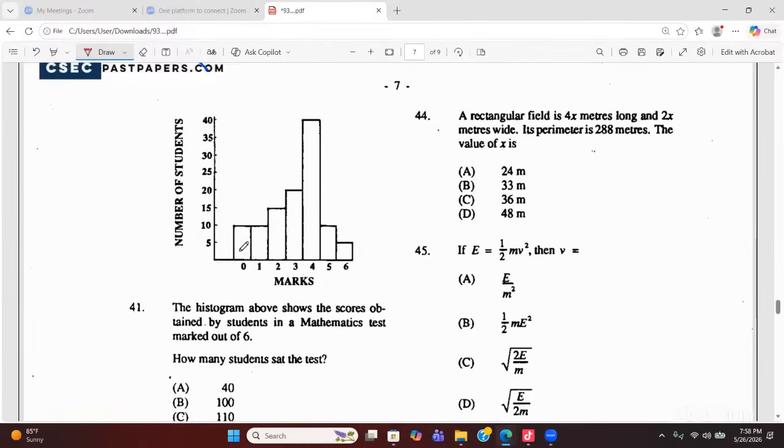So in other words, 10% get 0. So that's 10 plus 10, somebody gets 1. That's another 10 plus 15, somebody gets 2 out of 6. 20, somebody gets 3. You just add up these numbers, but be careful. 40, somebody.